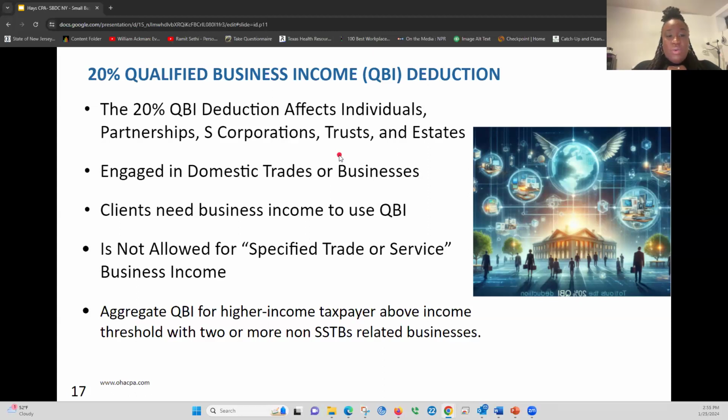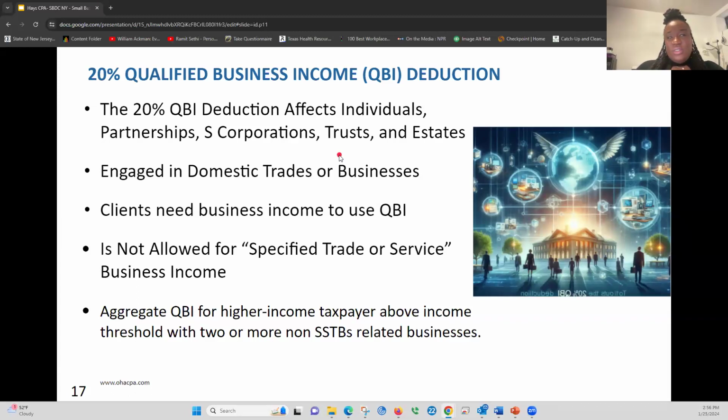As long as you're in any one of those business structures, you are allowed to take a 20% deduction. So if you made $100,000, that's a 20% write-off. And yes, with S corporations, even if you take a salary, any additional profits from your business is still a QBI deduction. Specified trade or service businesses, that's like us, accountants, doctors, and architects, are essentially professional service businesses.